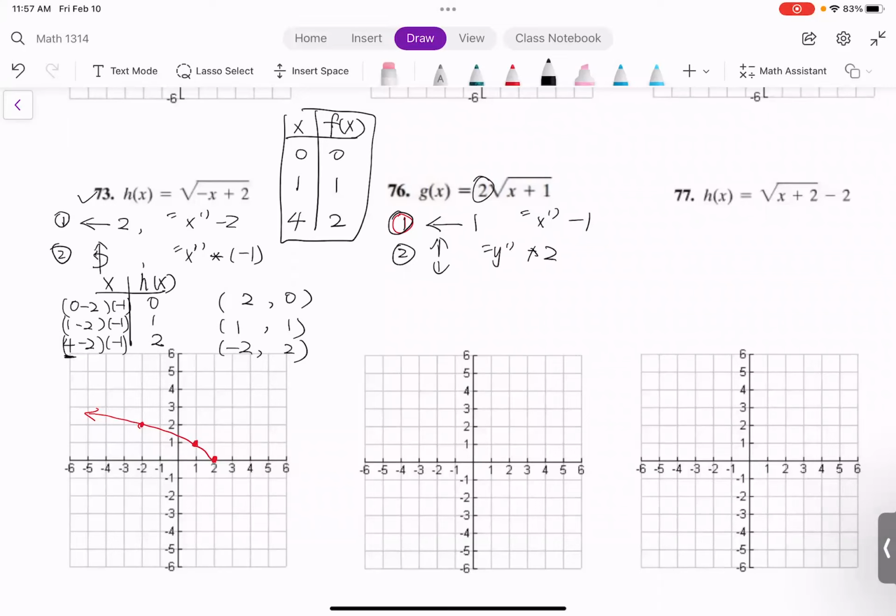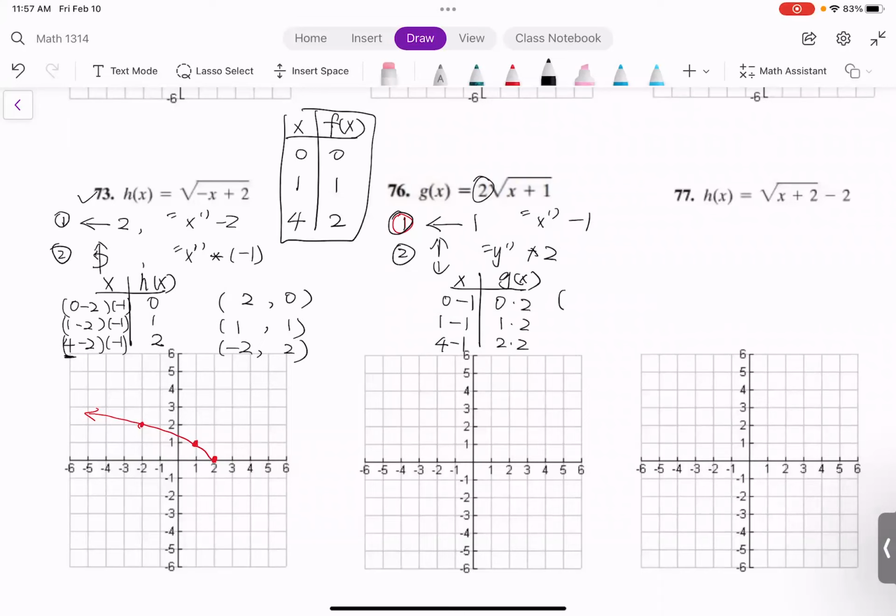Let's see the new key points. This is x, this is g of x. All the x are subtracted by 1: 0 - 1, 1 - 1, 4 - 1. For g of x, the y part is multiplied by 2: 0 times 2, 1 times 2, 2 times 2.